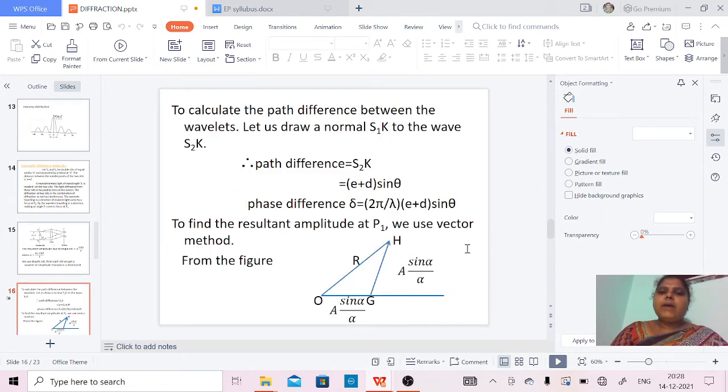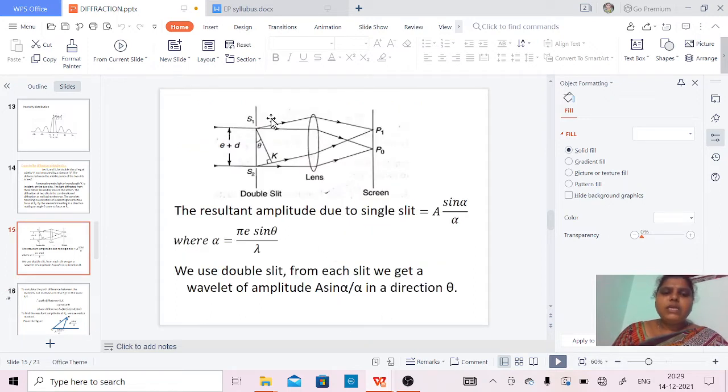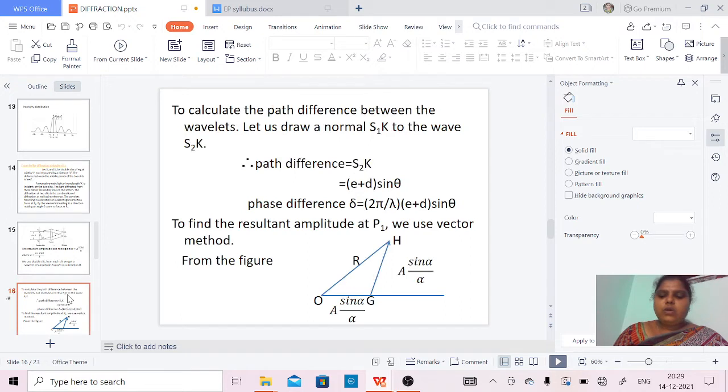To calculate the path difference between the wavelets, let us draw a normal S1k to the wave S2k. See here, there is a normal k drawn from this, which makes a triangle S1 S2 k.